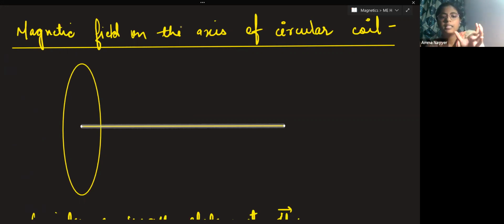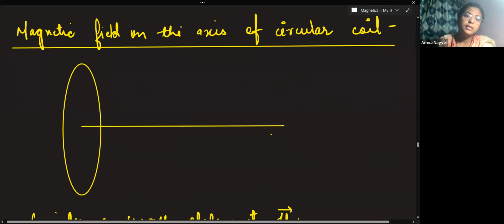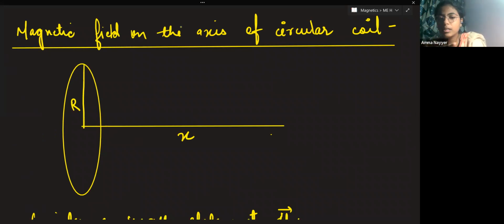Now see, this is the axis of the circle which I was referring to. At this axis, if I want to find the magnetic field, what will be its magnitude? Let's say this is x, and this is the radius of the circle, capital R. So this is the axis x.